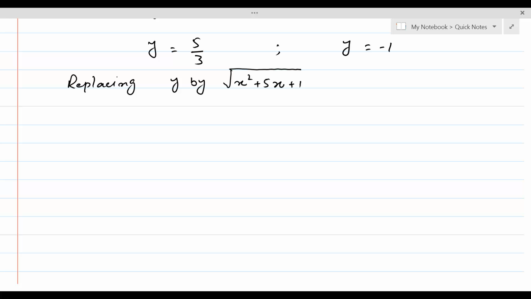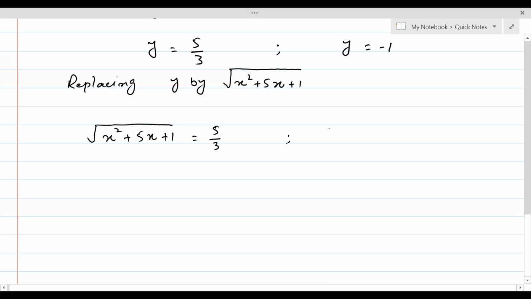So we will have x square plus 5x plus 1 equal to 5 over 3, and also on this side we will have square root of x square plus 5x plus 1 equal to minus 1.